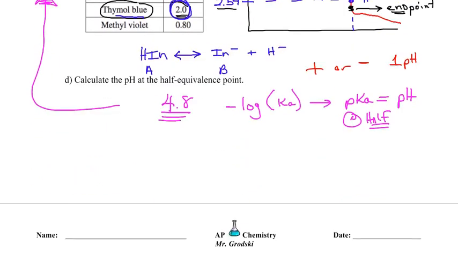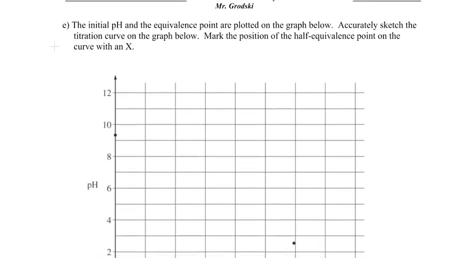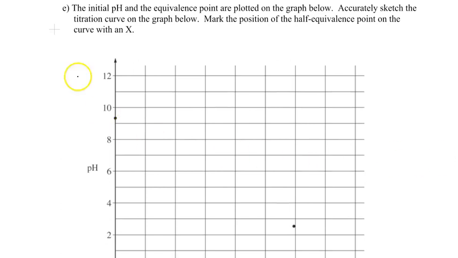Okay, moving on up. So now we have a graph of what we're dropping. Remember, we're dropping the proton onto my base. So we're starting with an initial pH. They say the initial pH and the equivalence point are marked below.